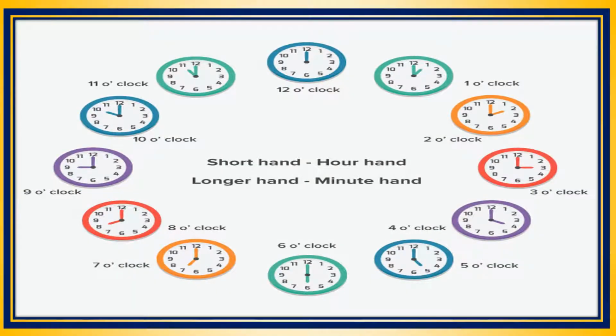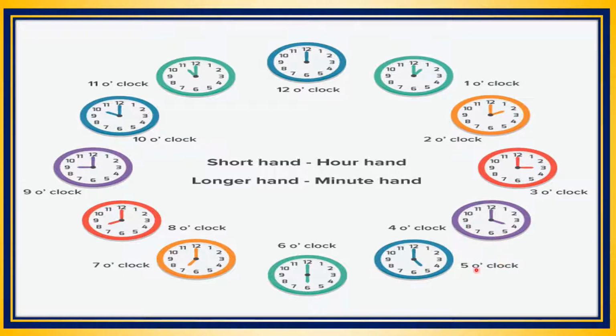Students, now next we will see more examples. See on the screen. Short hand means hour hand and longer hand means minute hand. See first figure. The time is 1 o'clock. In second figure, the time is 2 o'clock. In third figure, the time is 3 o'clock. In fourth, 4 o'clock.